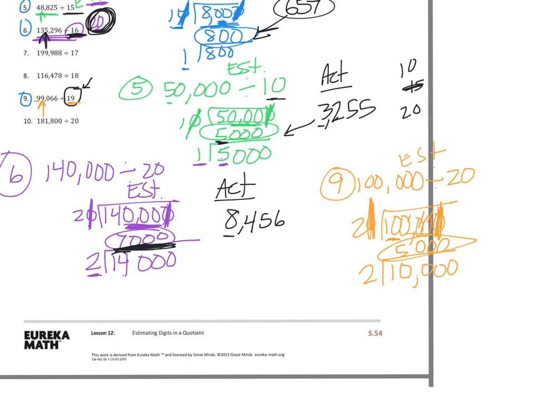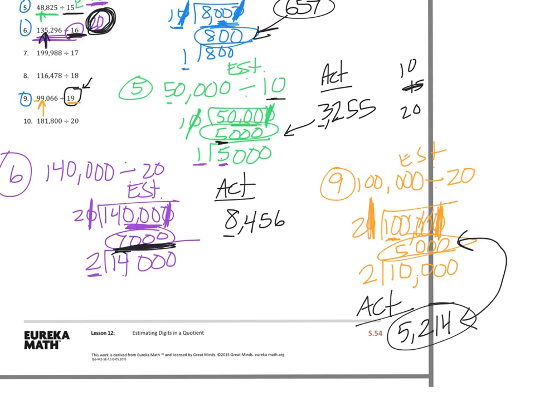And my actual, when I type this into my calculator, and again, when I type in my actual, I'm typing in 99,066 divided by 19, and I'm going to get 5,214. And I can see 5,000, 5,214. They're very, very similar to each other.